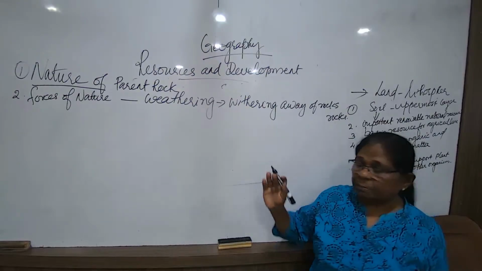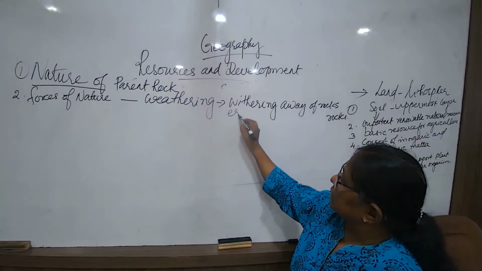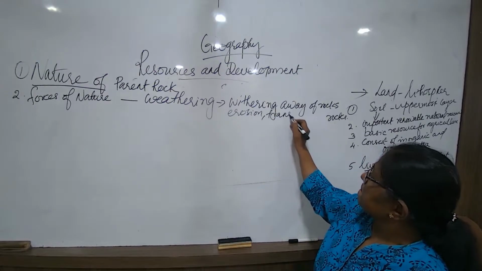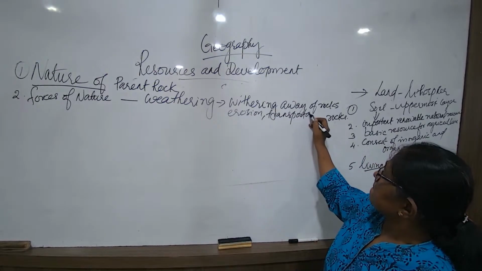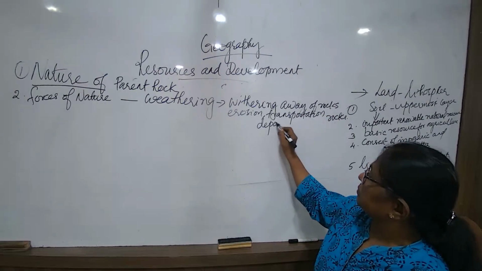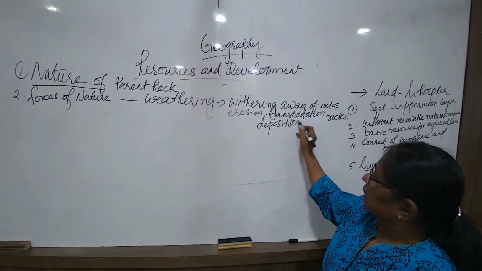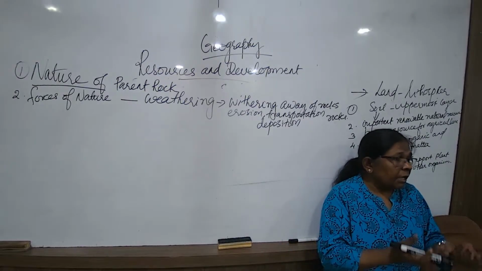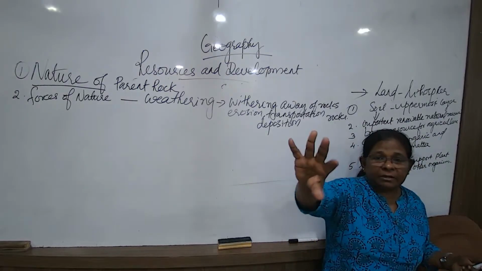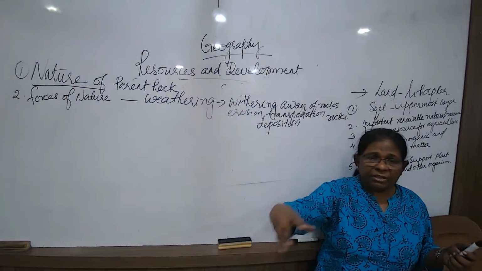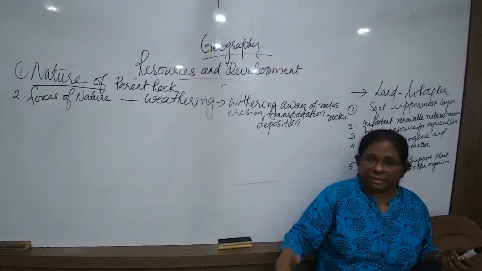and that process includes erosion, transportation, and deposition. See, the rocks which are broken will be eroded from that place by running water, by wind, by glaciers or any other agents.